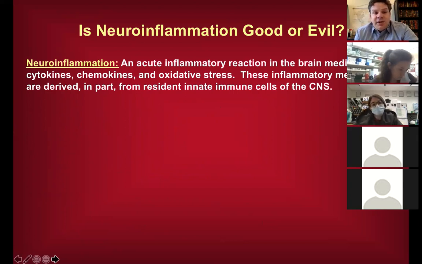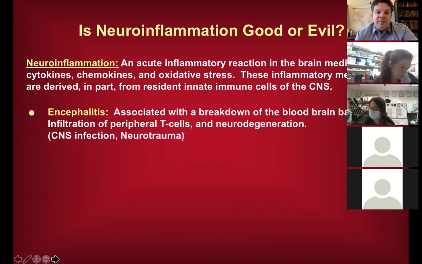So the way that I'd like to define it for you is that neuroinflammation is an acute inflammatory reaction in the brain mediated by cytokines, chemokines, and oxidative stress. These inflammatory mediators are derived in part by the resident innate immune systems within the brain or spinal cord. Now, this isn't inherently bad or good, and that's something I want to bring up in the next couple of slides.